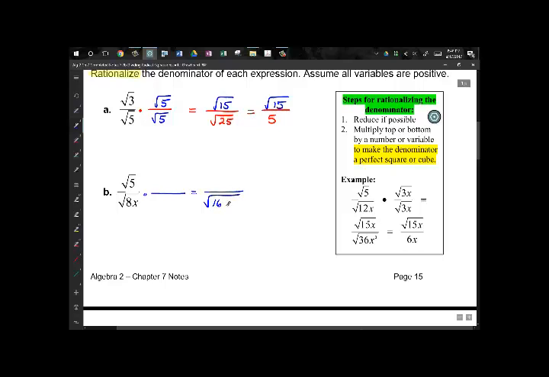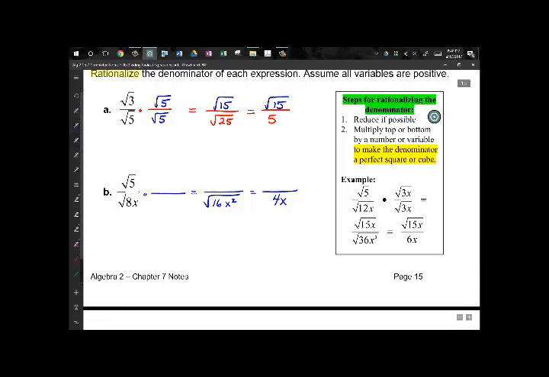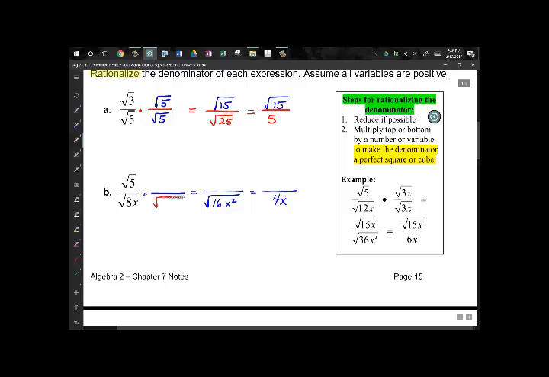We'd like to have an x squared, because both of those will give us a square root that is easy to deal with, giving us 4x. So what do we need to multiply by to get that 16x squared? Well, we multiply by the square root of 2x and the square root of 2x. So the numerator becomes the square root of 10x, and we have the square root of 10x over 4x as our answer.